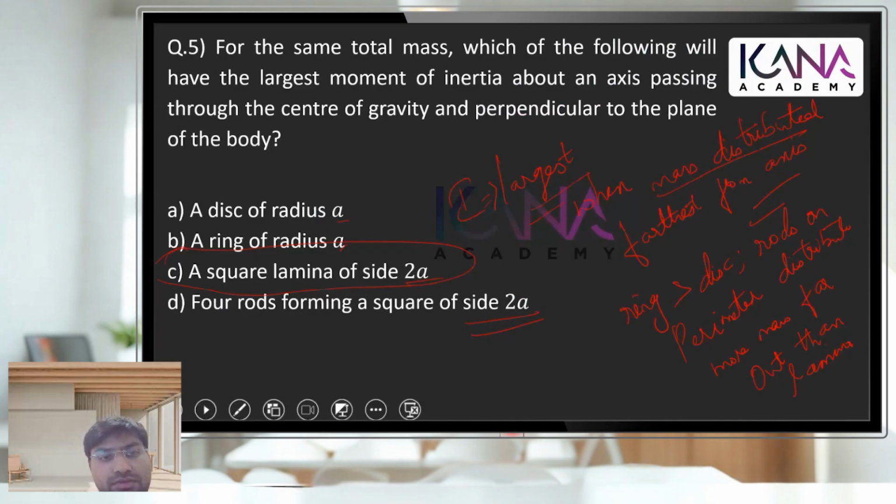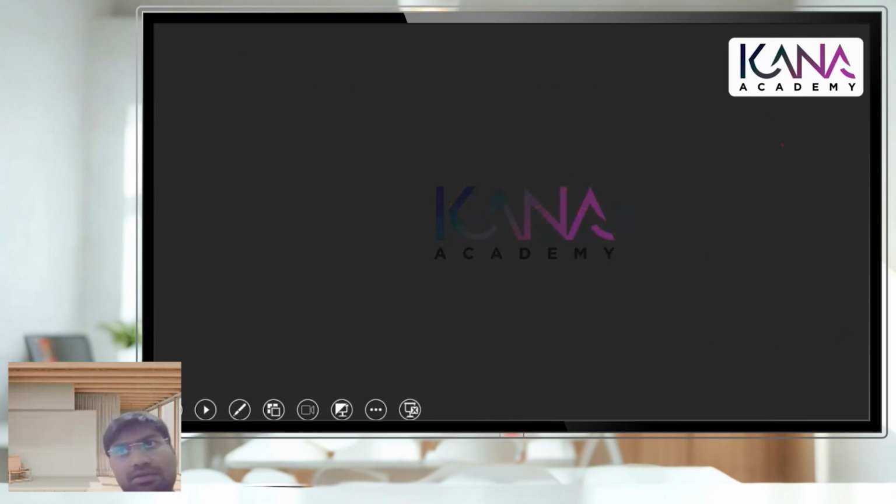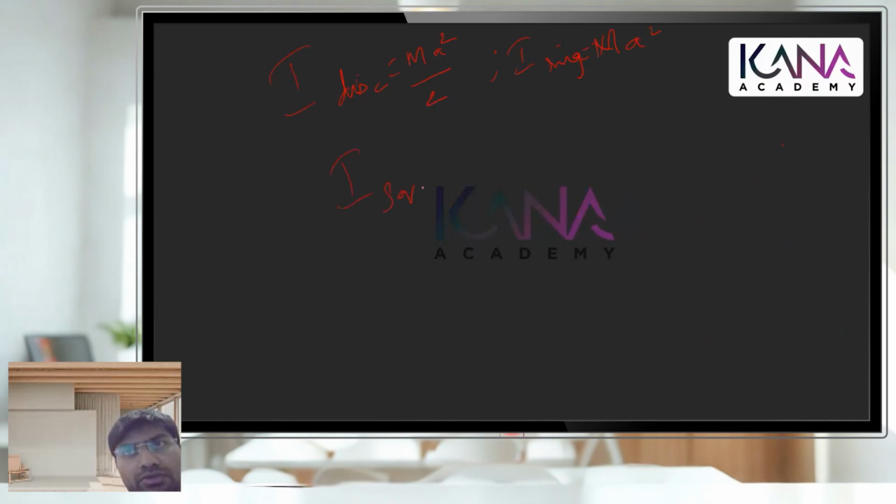right? So if you want to go mathematically, I disc is m a square by 2, I ring is m a square, I square lamina is m into L square plus b square by 12.